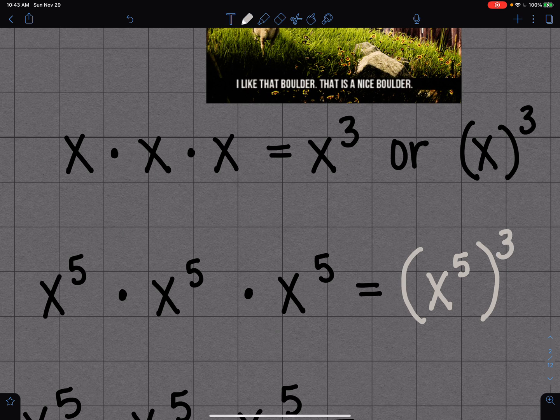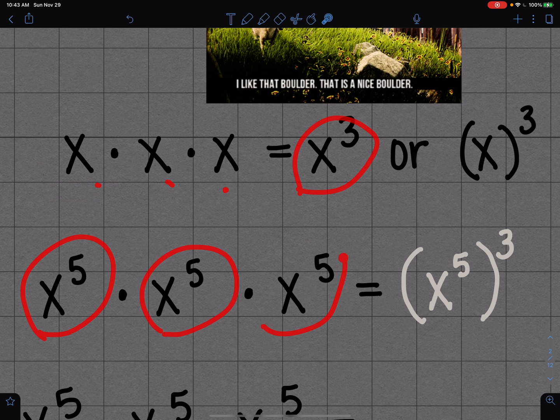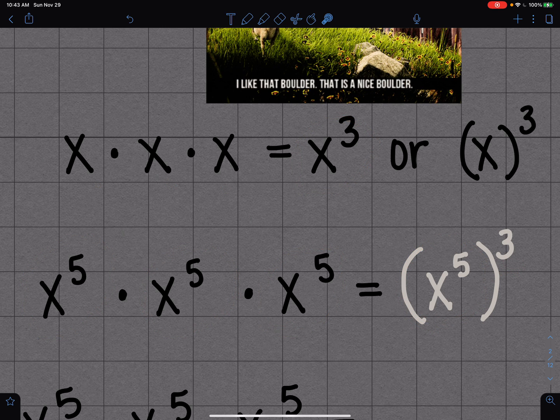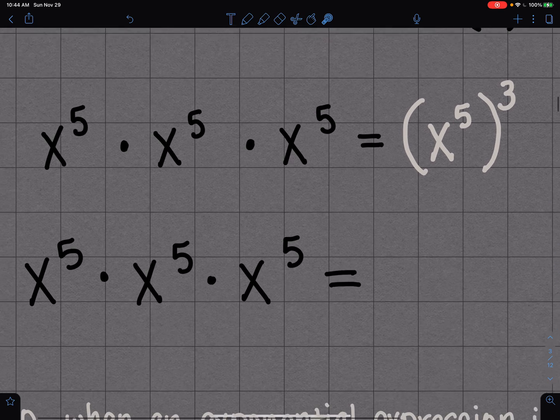Yes, you can, because this is no different than doing this. X times x times x is x to the third. This times this times this is this to the third. That is part of the parfait rule. So that part makes sense, right?